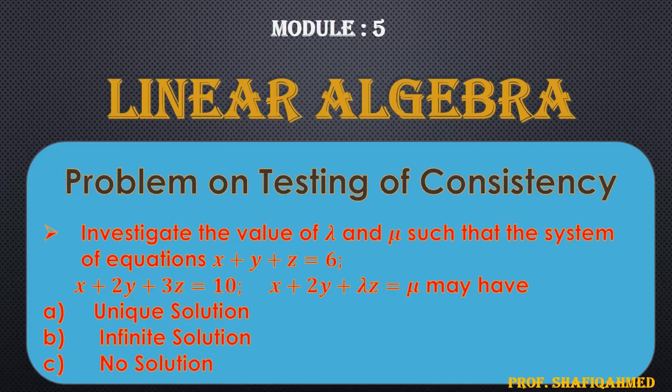The problem is to investigate the values of lambda and mu such that the system of equations x plus y plus z equal to 6, x plus 2y plus 3z equal to 10, and x plus 2y plus lambda z equal to mu may have, first, a unique solution, second, infinite solutions, and third, no solution.